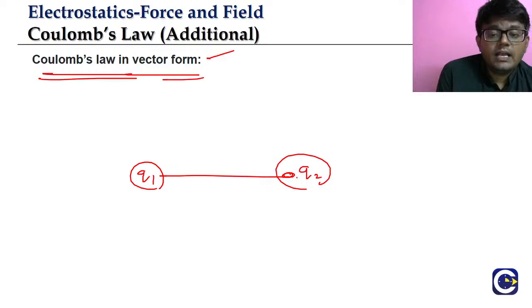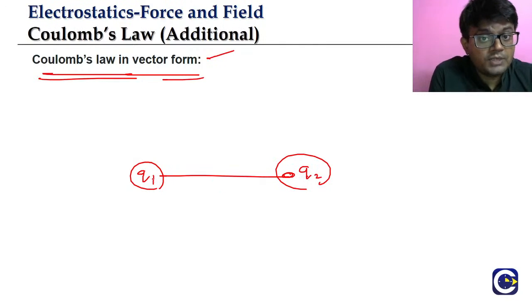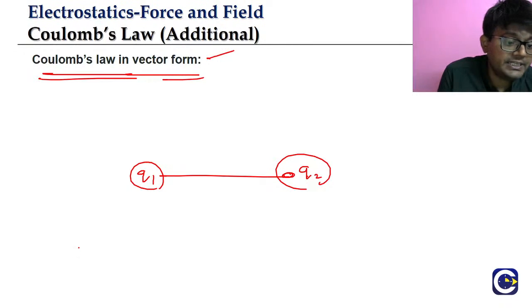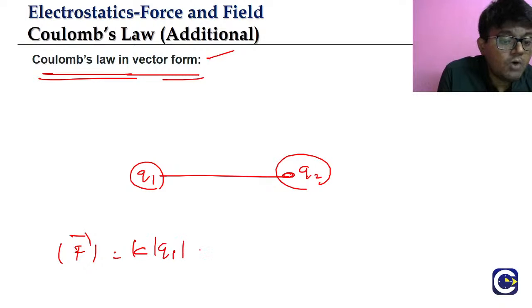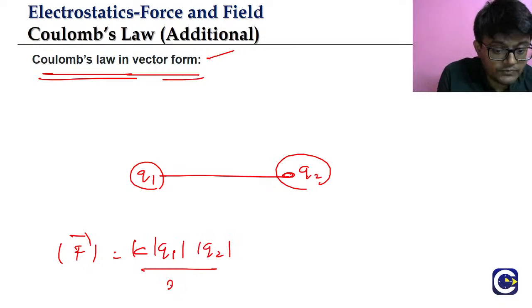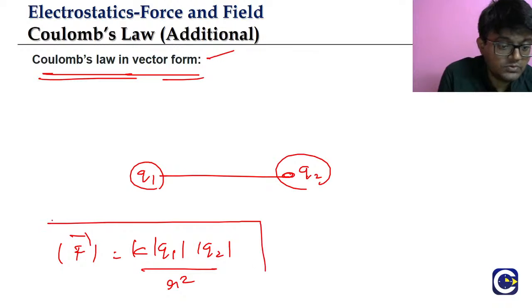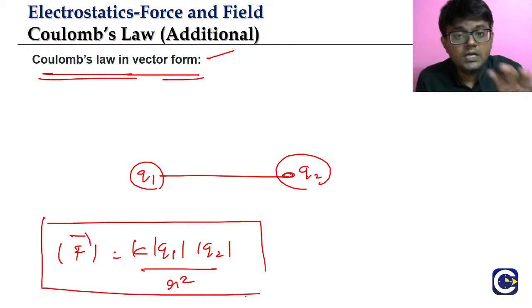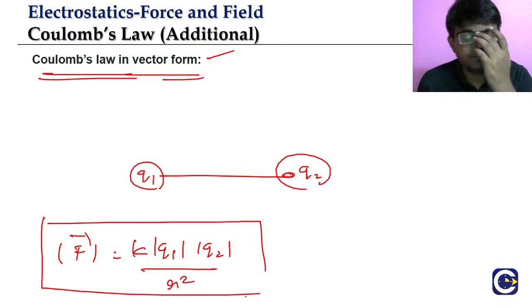The force acting on charge q2 or charge q1, both forces will have the same magnitude. That force magnitude is given by k into modulus of q1 into modulus of q2 by r square. This is what we know, the Coulomb's law formula for the force magnitude.